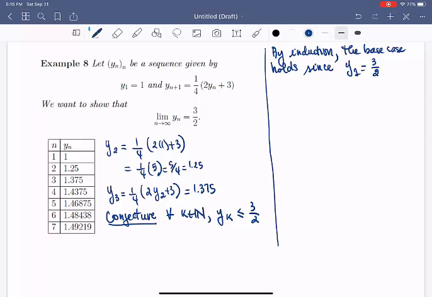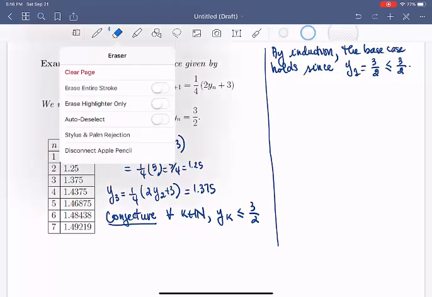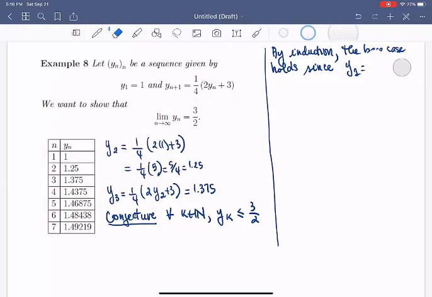And of course 3/2 is less or equal to 3/2, so there's no problem here. I'm sorry, y sub 1 is 1, sorry about that. y sub 1 is 1, and 1 is less than 3/2. Okay, so the base case holds.